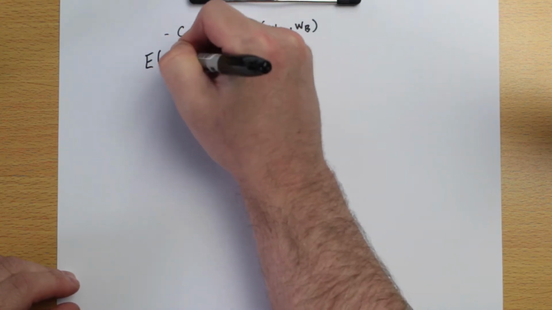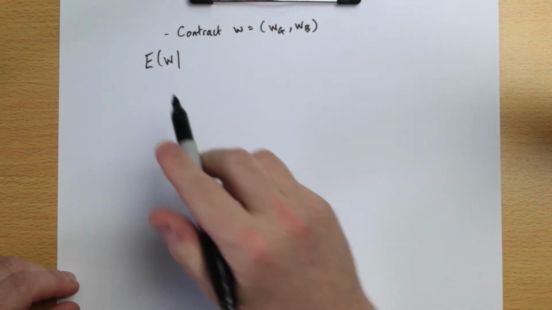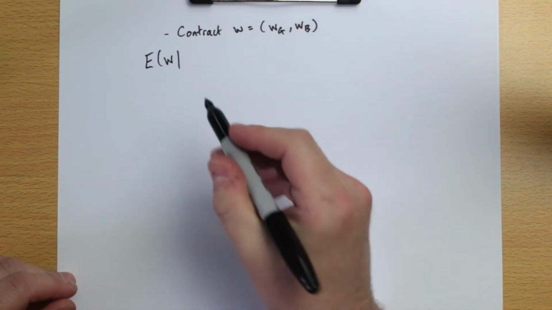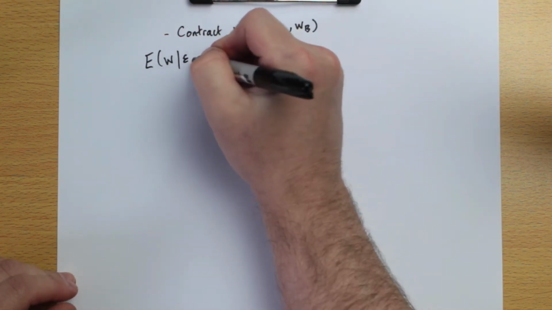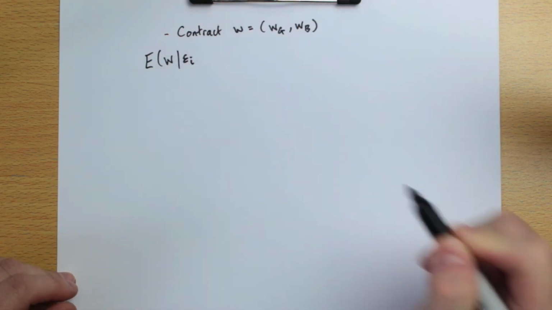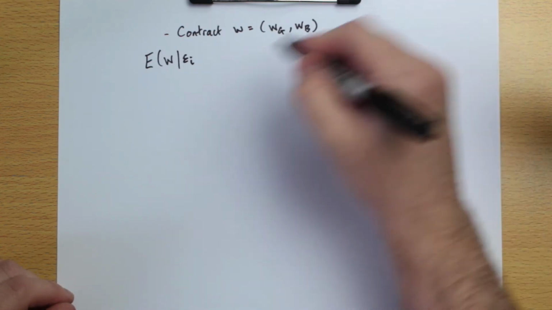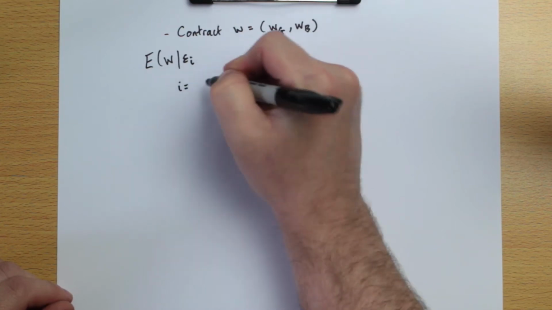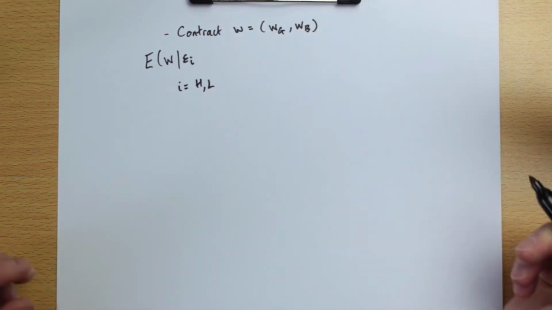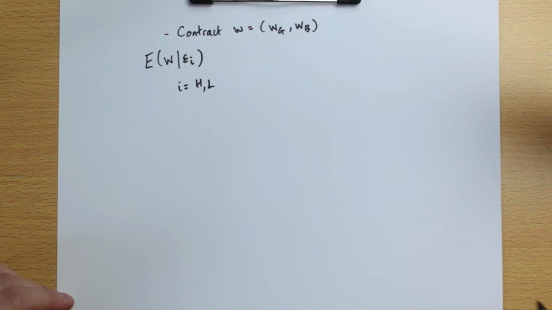Well, it's going to depend on the level of effort. So we take the expected value of the contract W conditional on the level of effort, and let's put epsilon subscript I, where I is either H or L, so either high effort or low effort.